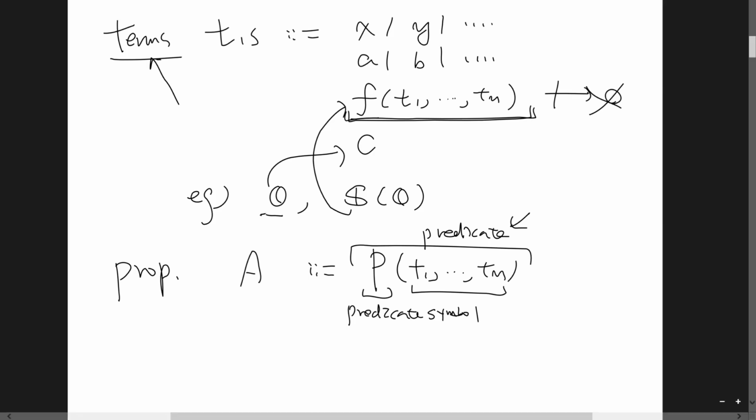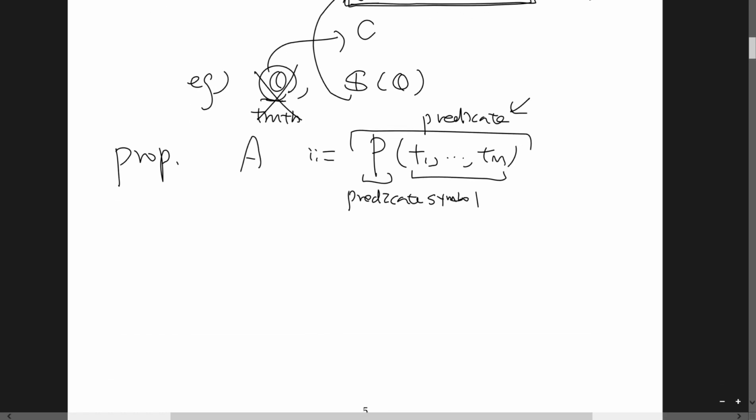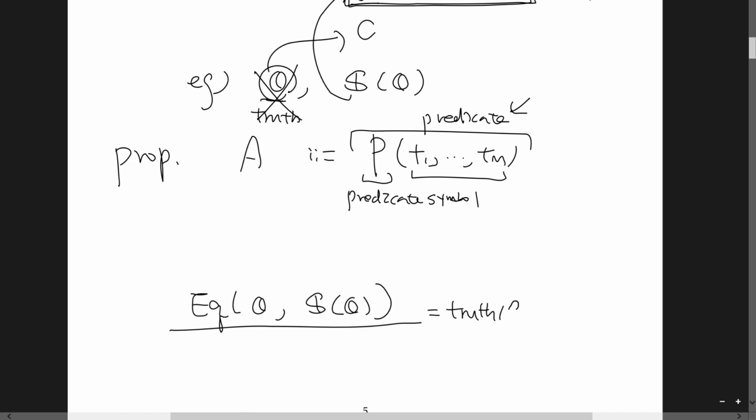You cannot discuss the truth of zero. It doesn't make sense. Whereas, let's say we have the equality of zero and successor of zero. This indeed makes sense. We can actually talk about the truth or falsehood. And we have all these logical connectives from propositional logic, and then we have universal quantification and existential quantification.